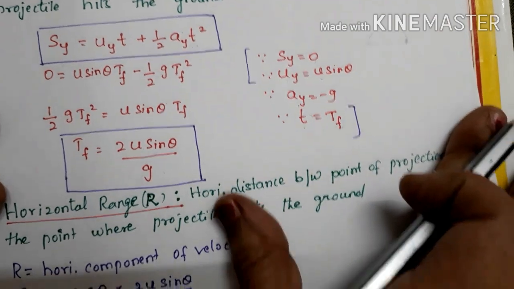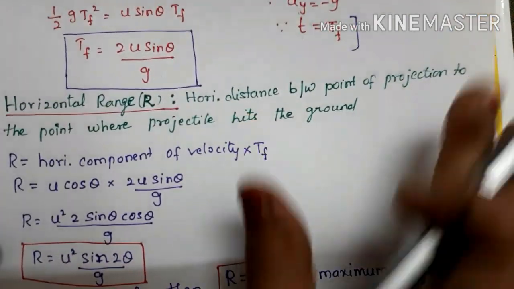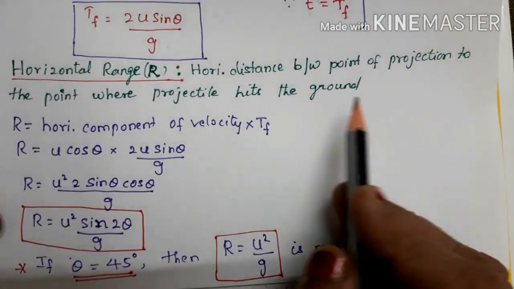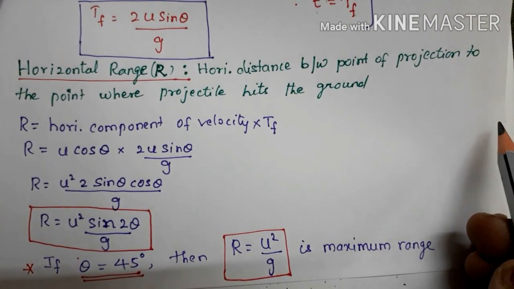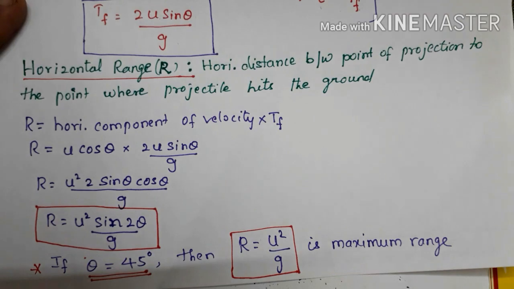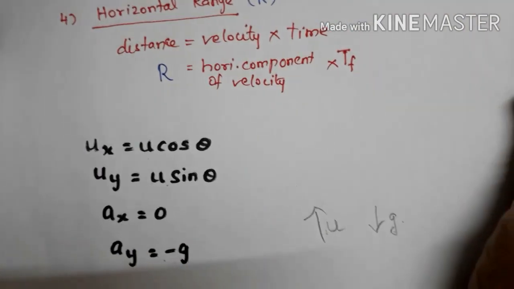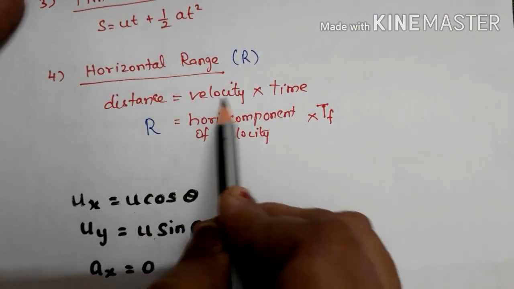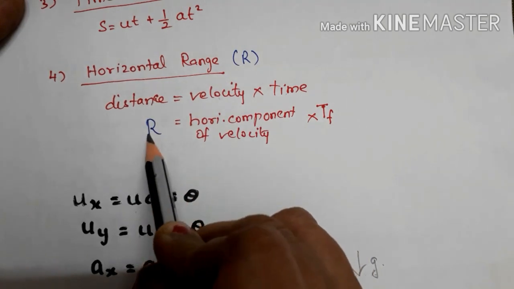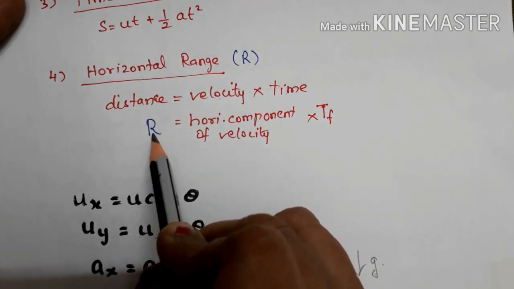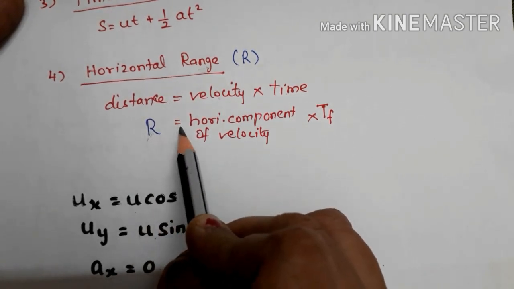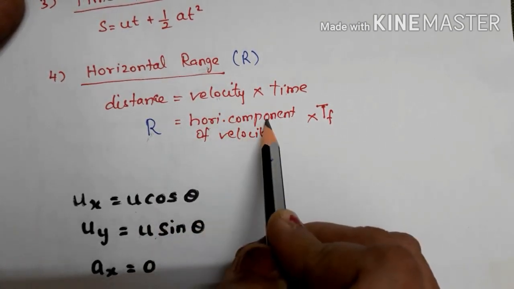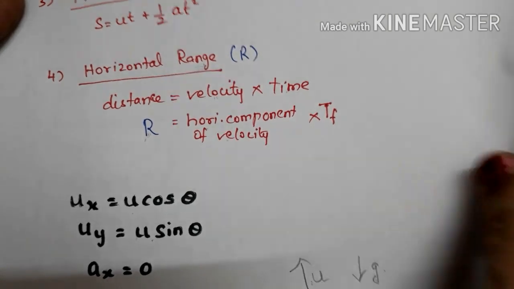And finally, you are calculating the horizontal range, that is the horizontal distance between the point of projection and the point where the projectile hits the ground. As already discussed, distance is velocity into time. Horizontal range is represented by r. Range is nothing but distance, that is equal to the horizontal component of velocity into time of flight.